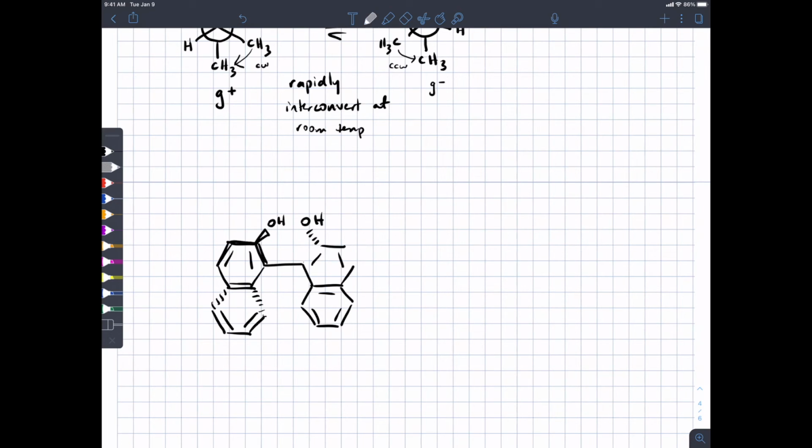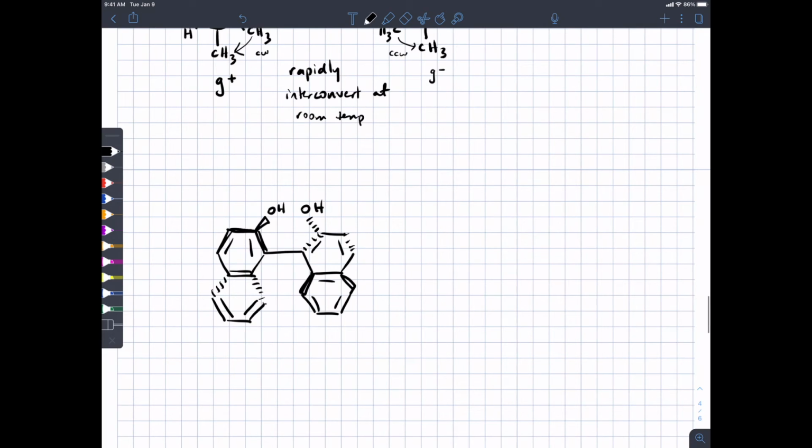These two carbon-carbon bonds would sort of be backing away from us, and these would be coming out toward us. And then you would have the other enantiomer where it would be the other way. So let's just draw that one quickly.